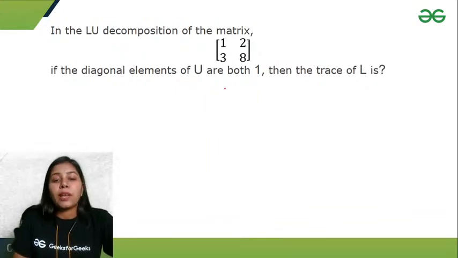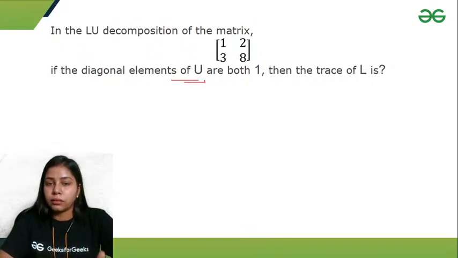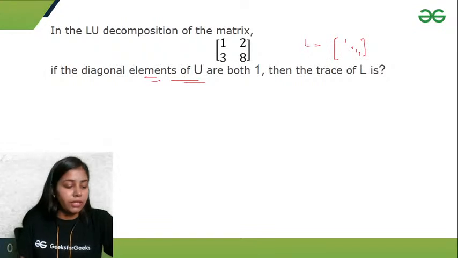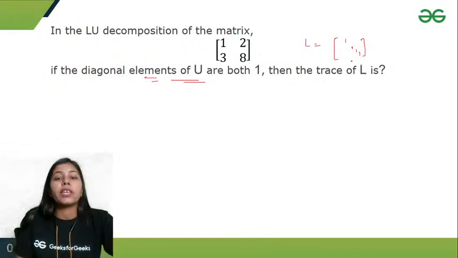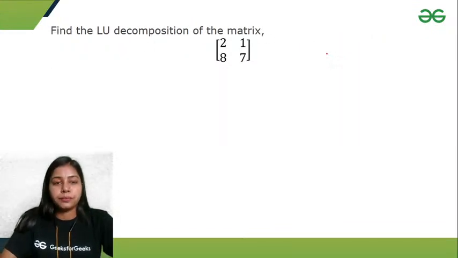So you can't apply this operation when the diagonal elements of U are both 1. You can apply it only when you can take the diagonal entries of L as 1, right? But here we have been given that the diagonal elements of U are both 1, so we cannot use it here. Let's see the next question. In this we can do that, right?